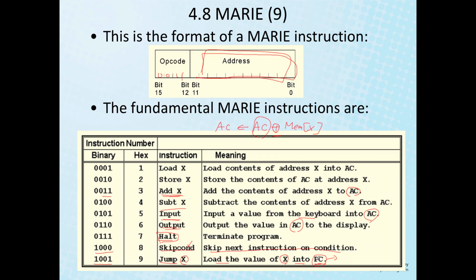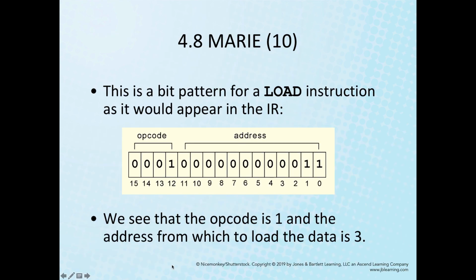So as you load X into the PC, the PC becomes X, meaning X is the address of the next instruction to be executed. So effectively we can jump to some location. If I have a Jump 1000, then the next instruction to be executed will be read from address 1000. That's effectively a Jump X operation.